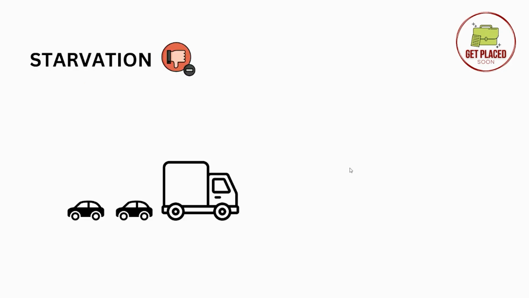But there is one major disadvantage in priority scheduling, that is starvation. What are we considering in priority scheduling? The priority value. So, for example, consider the situation where you have two processes with low priority and one process with the highest priority. The process with the highest priority is given a chance first. Then these two will be waiting. And consider a new process comes with the same highest priority.